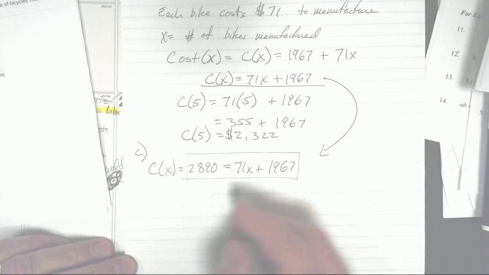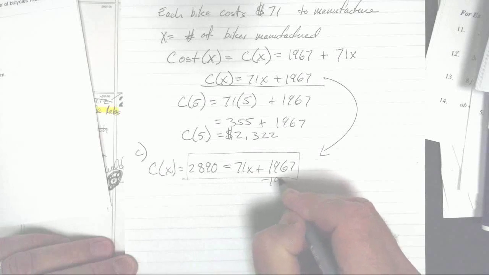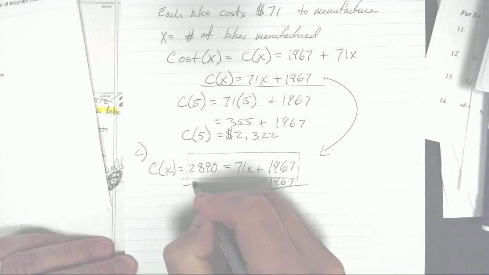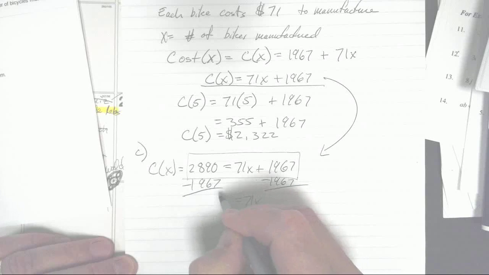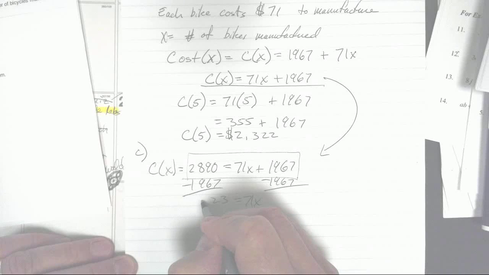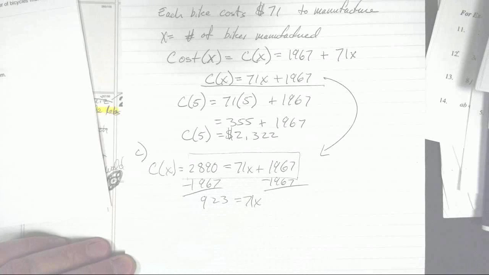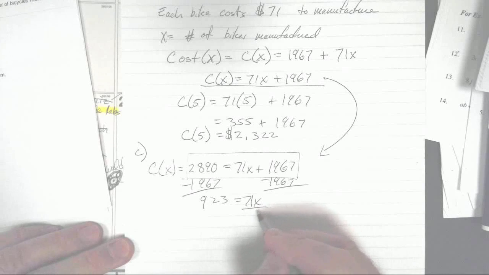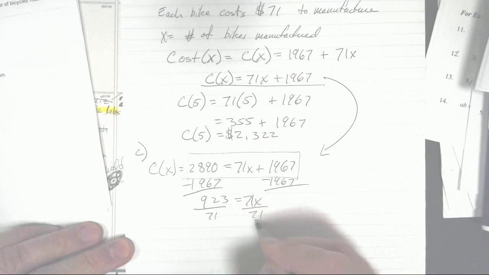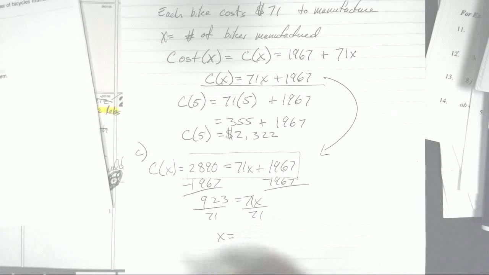All right, so we're going to go ahead and subtract 1,967 from both sides, and we come up with 71X on this side. On this side, we've got 923 equals 71X. So now we divide both sides by 71, and we get X equals what?